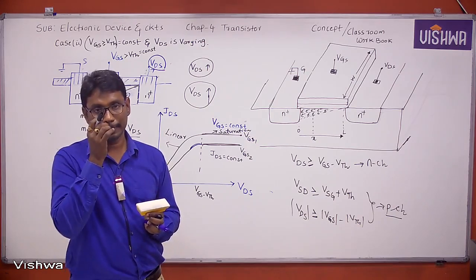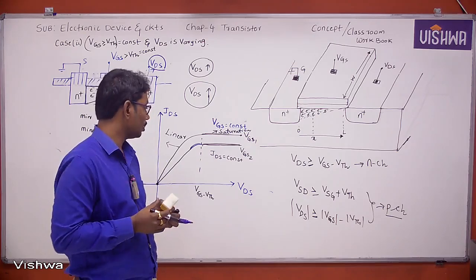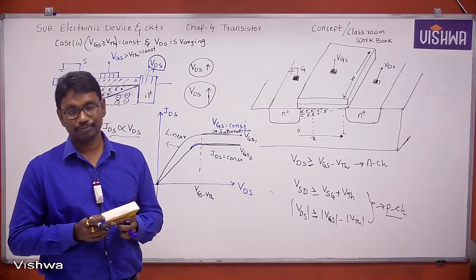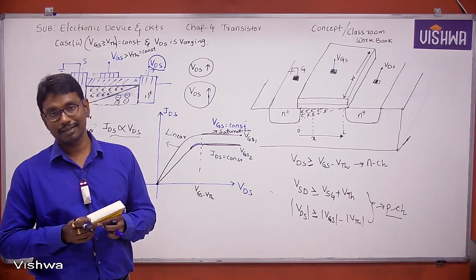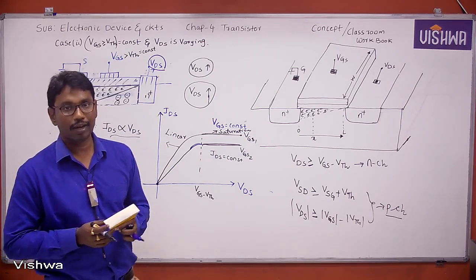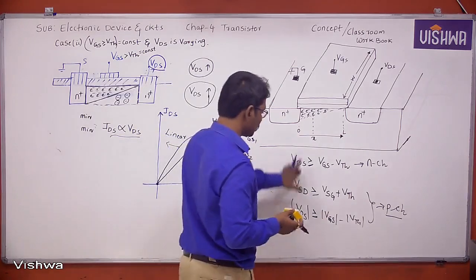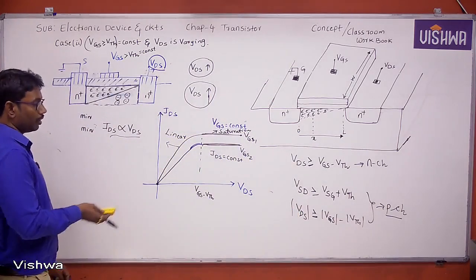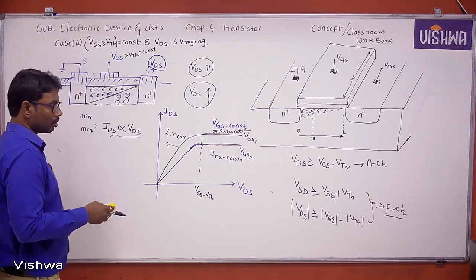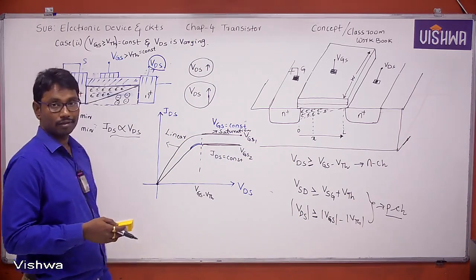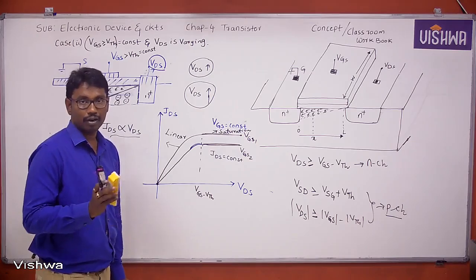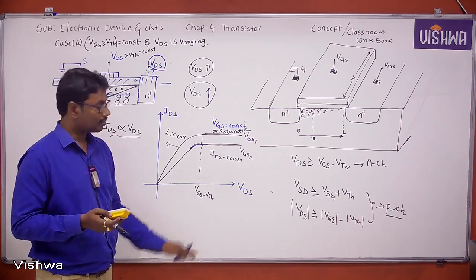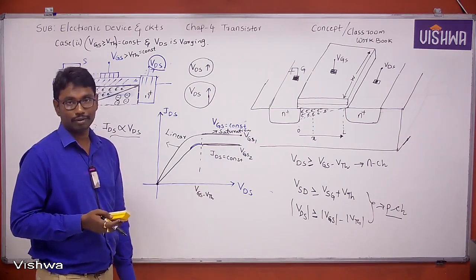Next point, the MOSFET is in the saturation region when, copy these conditions. Very, very useful conditions, because if you want to solve any MOS problem, first you have to know the region of the MOS. So to know the region of the MOS, these conditions are very helpful, right?